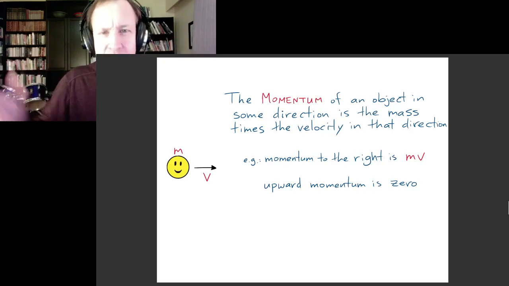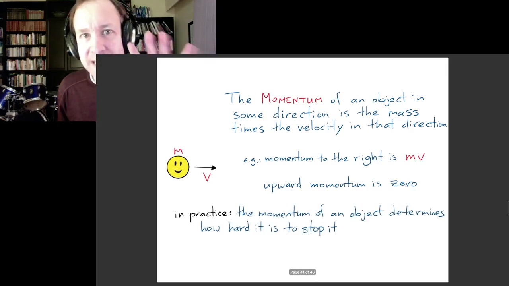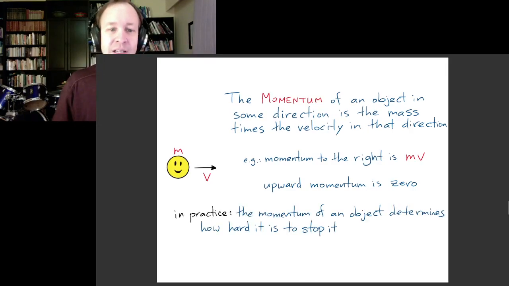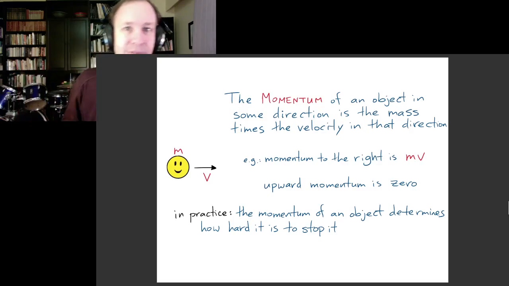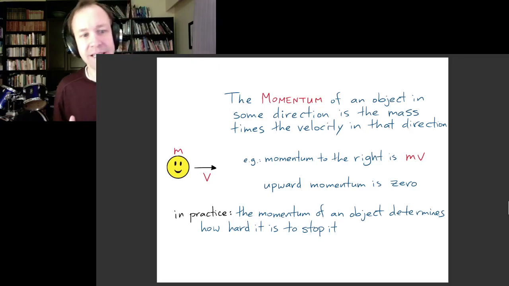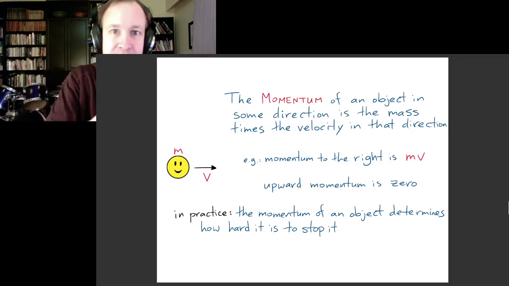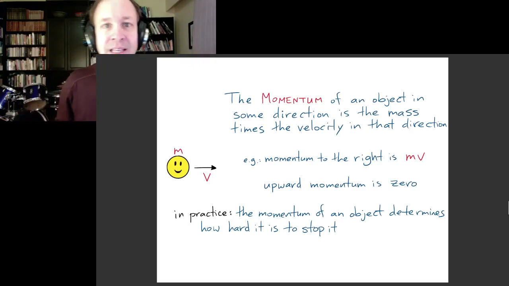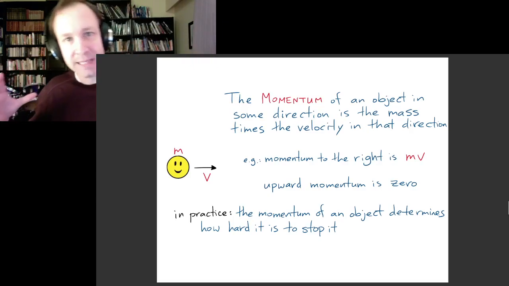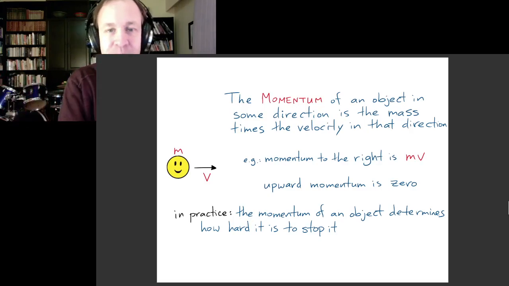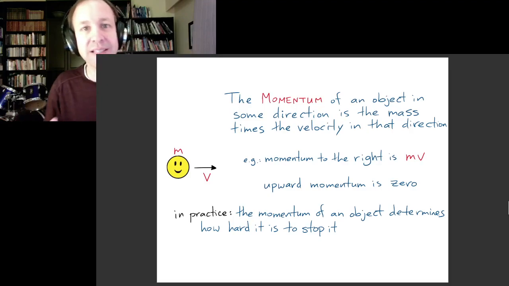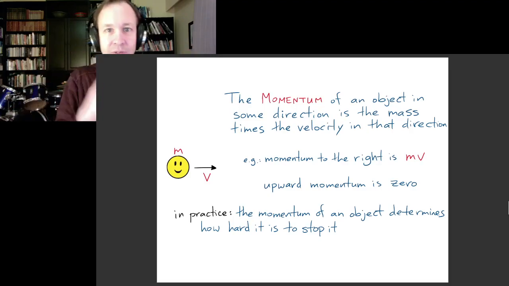But what does this mean? What is momentum? In practice, the momentum of an object tells you how hard it would be to stop that object from moving. You could see that if you had two objects moving at the same speed and one of them had more mass, then the more massive object is definitely going to be more difficult to stop than the one that is less massive. Similarly, if they had the same mass and one of them had a larger velocity, then the one with the larger velocity is going to be harder to stop than the one with a smaller velocity.